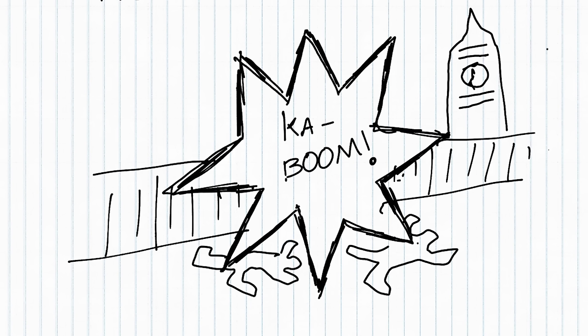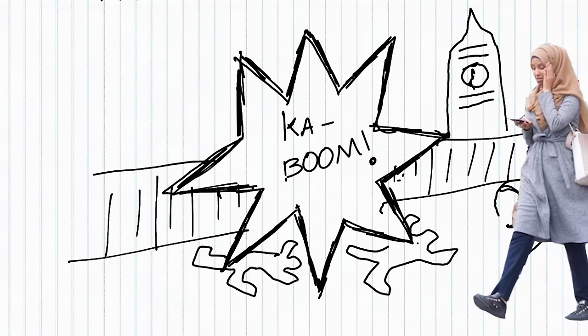Okay, now if you are really ambitious, right, and you want to go to the next level, the advanced level, show a Muslim woman. You want to show a Muslim woman who is just minding her own business, just talking on a cell phone.